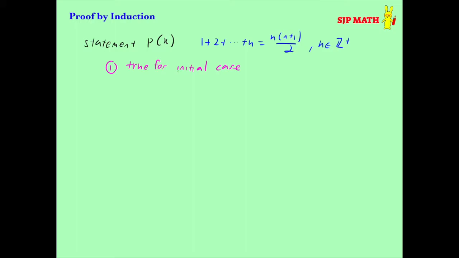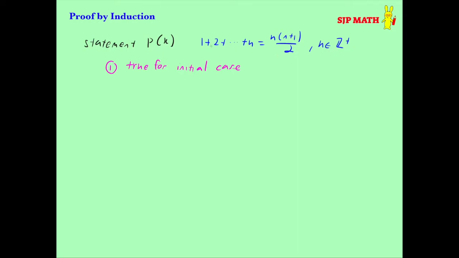What I mean by initial case is the smallest number in the given domain, like the first case for all the numbers that this statement holds for. In this case, that would be 1, because 1 is the smallest positive integer.